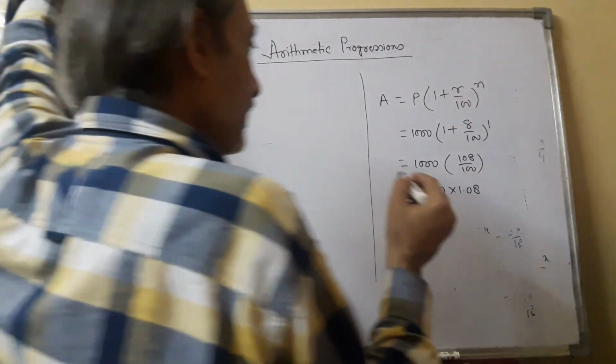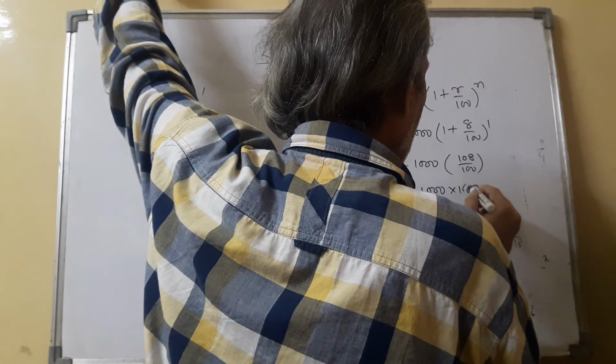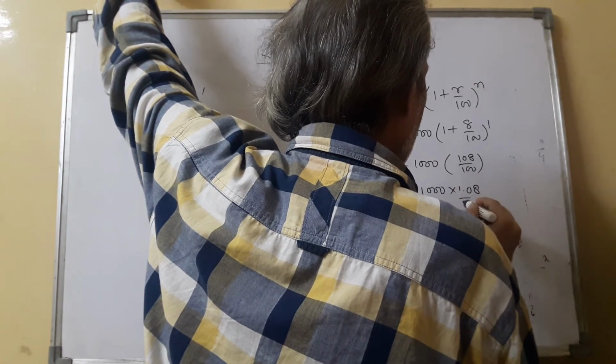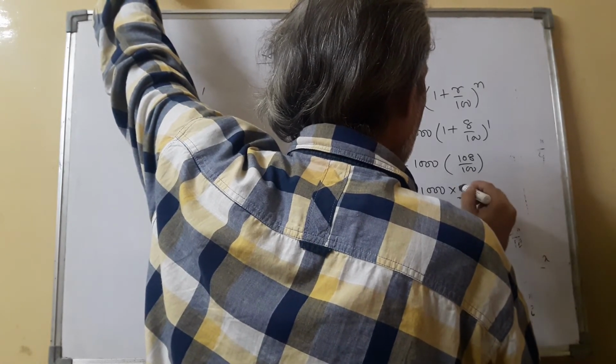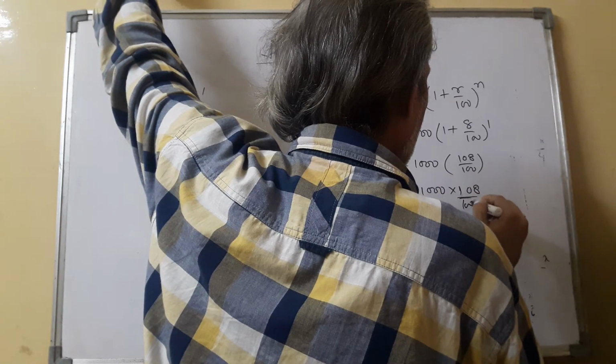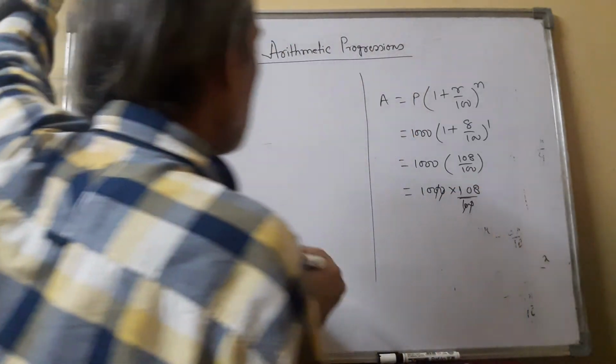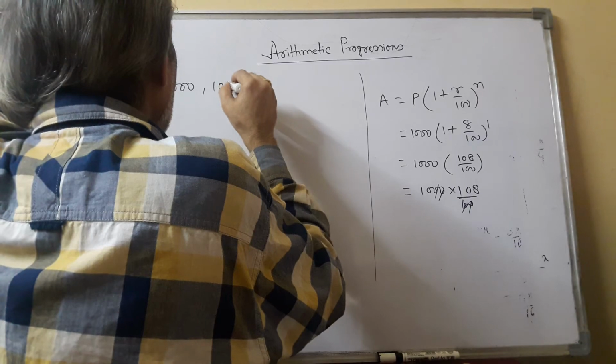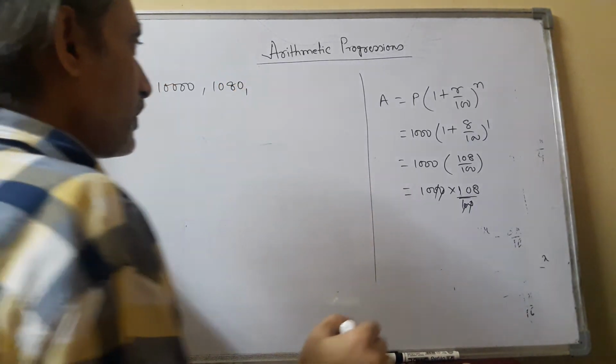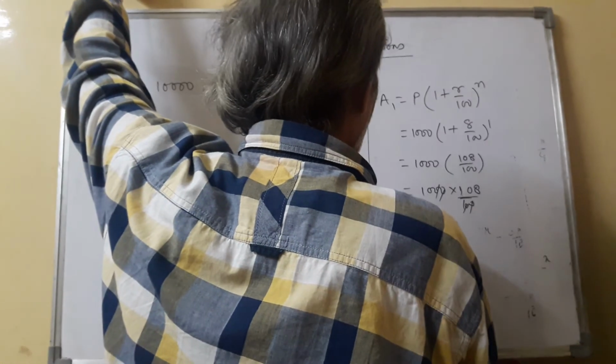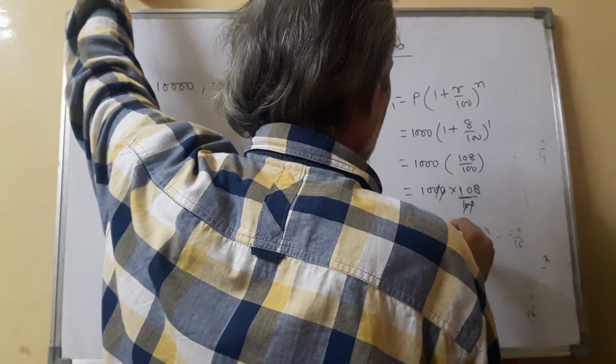So finally we can cancel it out. We are getting 10,800 for 1 year. After 1 year, after 2 years, it will be equal to what?